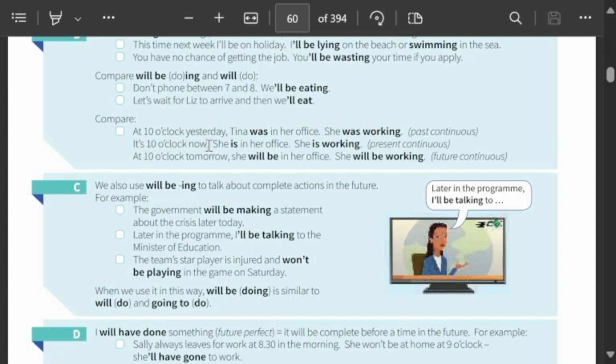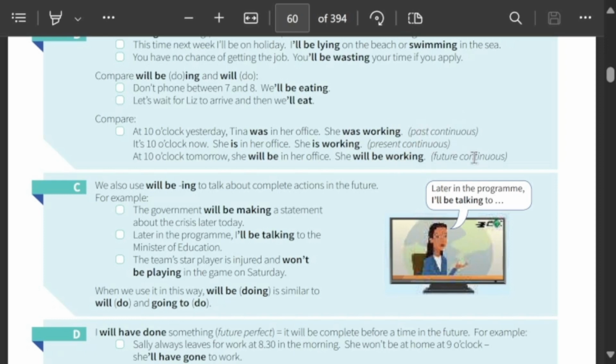It's 10 o'clock now. She is in her office. Present, you see. She is working. Right now, she is doing the action. Now the same situation in the future. At 10 o'clock tomorrow, she will be in her office, future simple, and she will be working, future continuous. She will be working tomorrow.